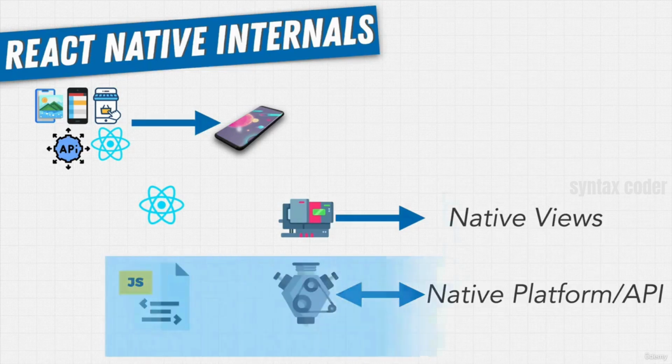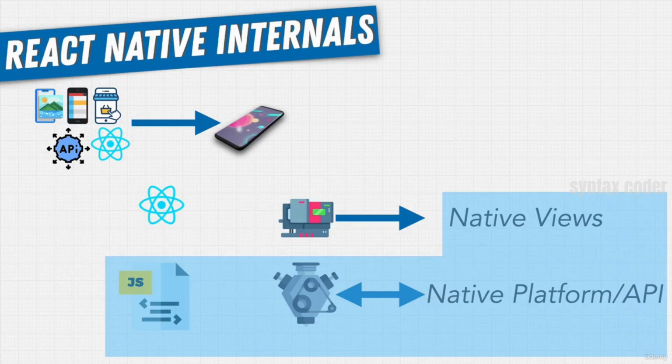Now, looking at this, you might notice a clear downside to React Native. That is, no matter what, it's never going to be as performant as native development, right? Because it has to ship this virtual machine and the bridge in order to communicate with the phone.